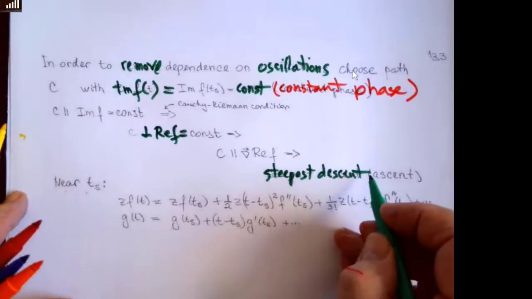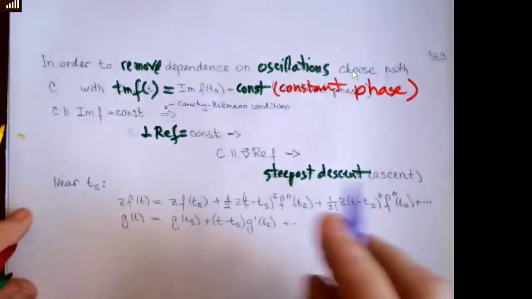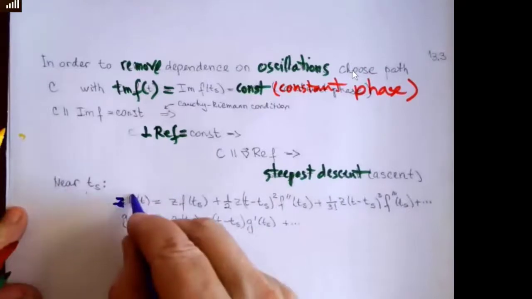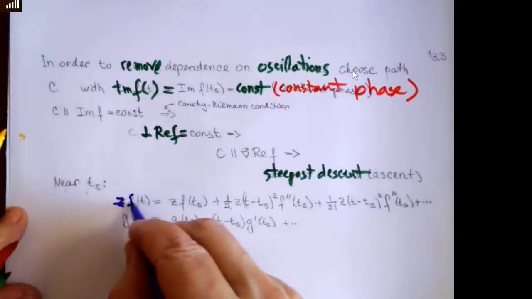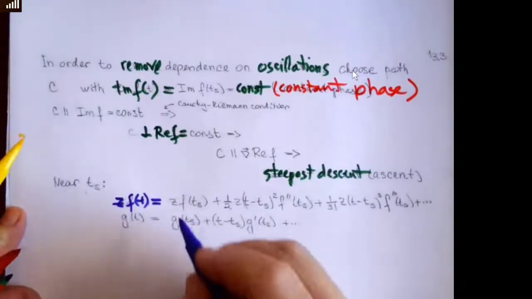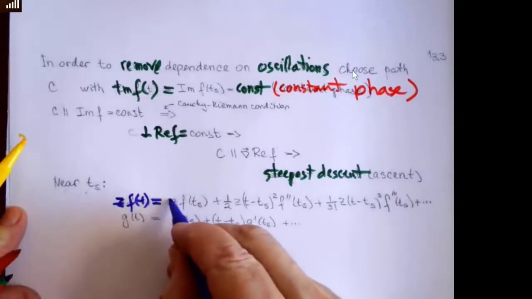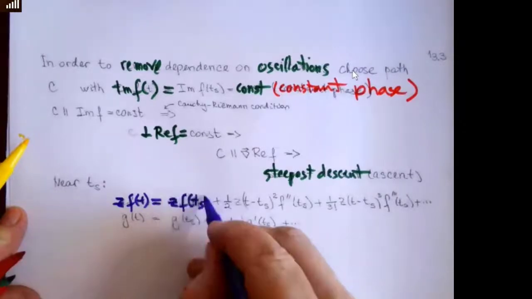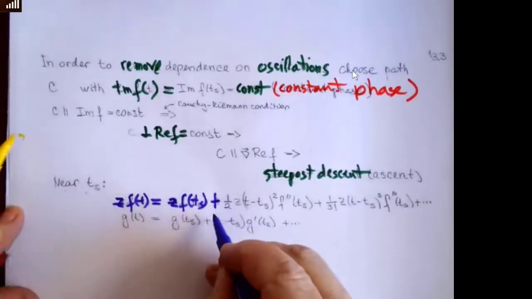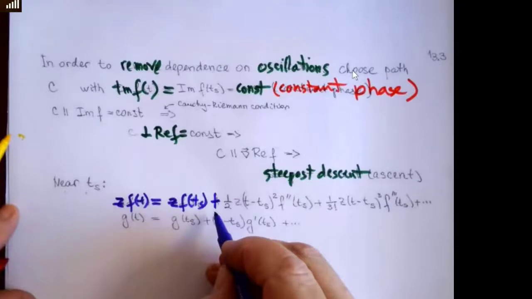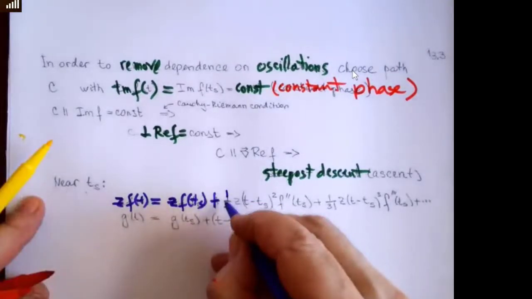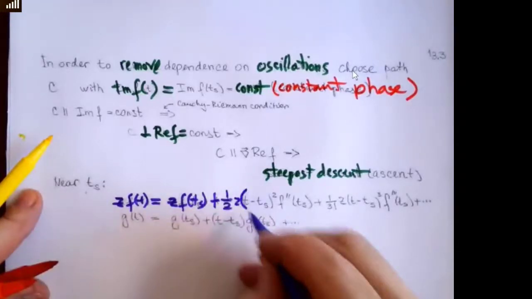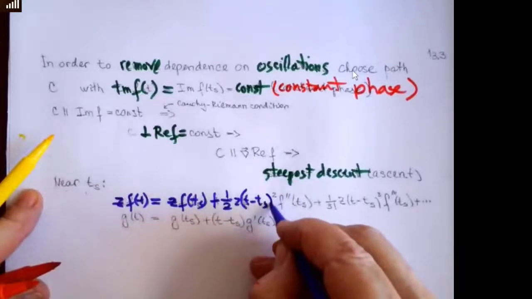So near the saddle point, the function will have its value at the saddle point, t_s. Its derivative will be 0 by definition, it's a saddle. So the next correction will be 1/2 times (t minus the value of the saddle) squared.